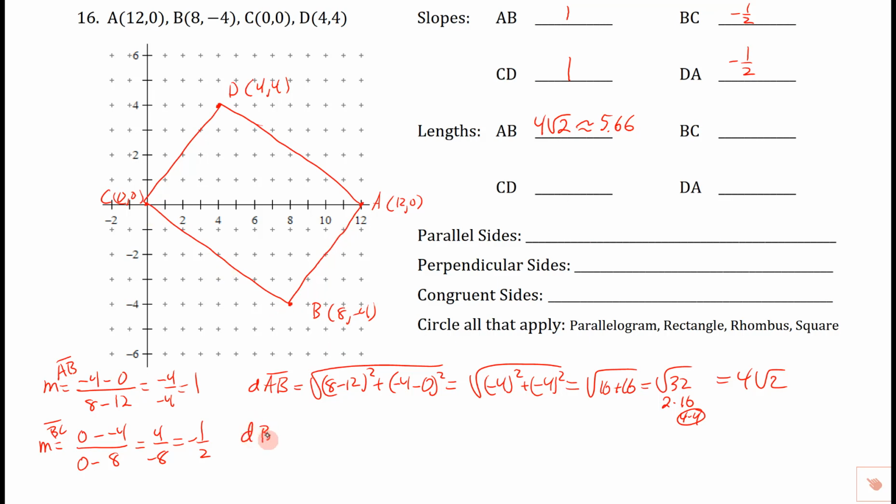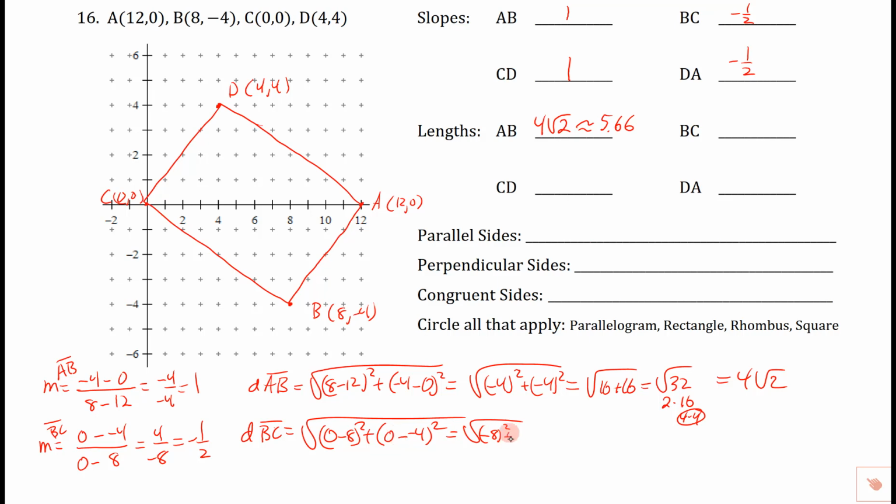So the distance from B to C, big square root here, and then we're going to do x2, which is 0, minus x1. So this is going to be 0 minus 8 quantity squared. And then y2, which is 0, minus y1, which is -4 quantity squared. So we end up with, let's see, this is going to be -8 squared.